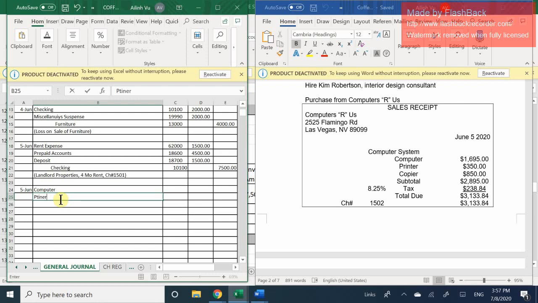So here I'm going to indicate computer, printer. Oops, I don't think I put printer in there. Printer, and copier. Are a printer and copier usually the same thing? It can be, but the purpose of a copier is you make copies of stuff. I guess this one's an old school one, meant for Xerox only.